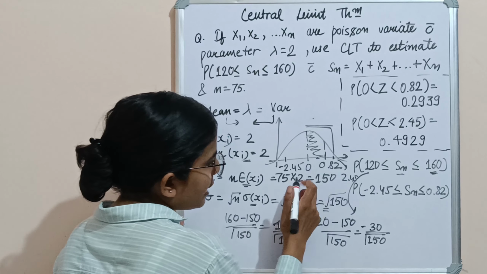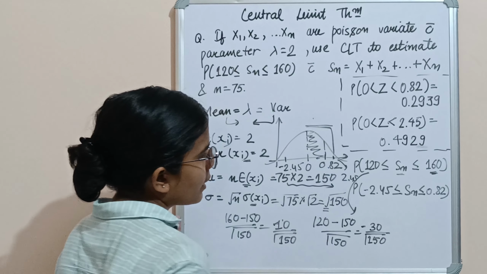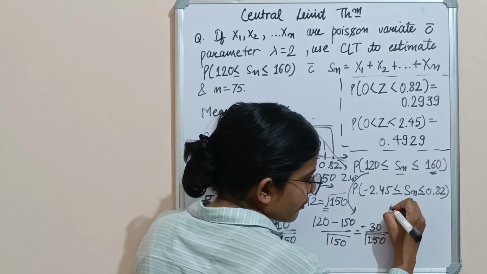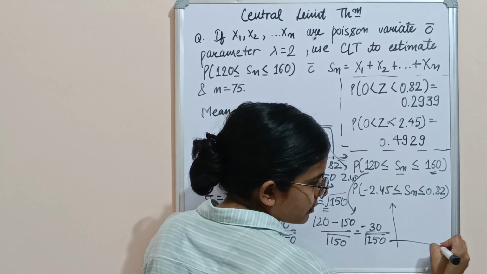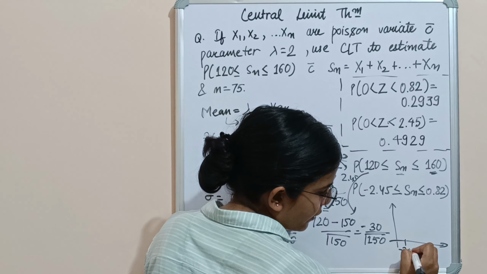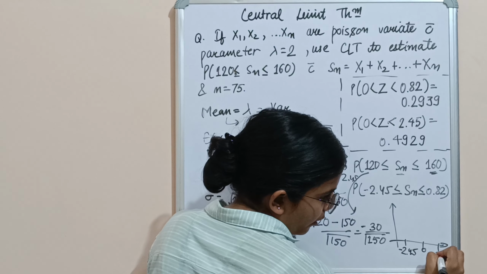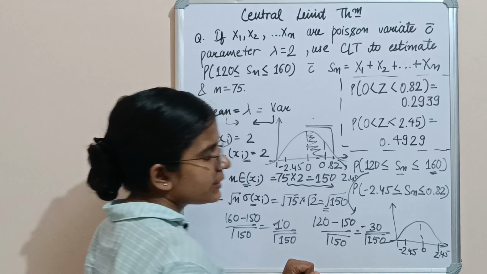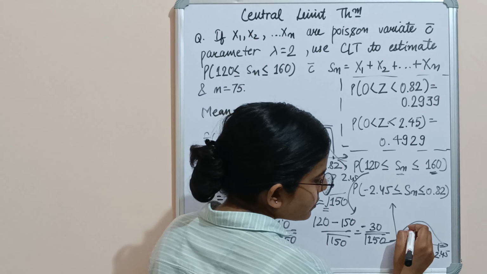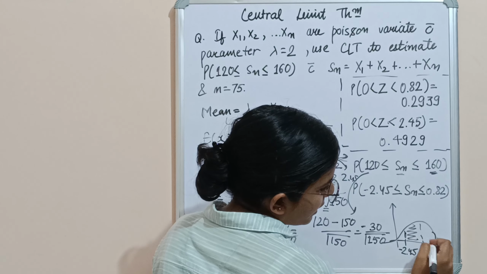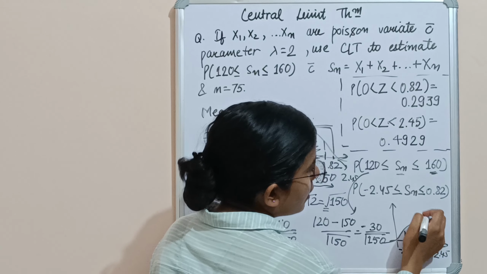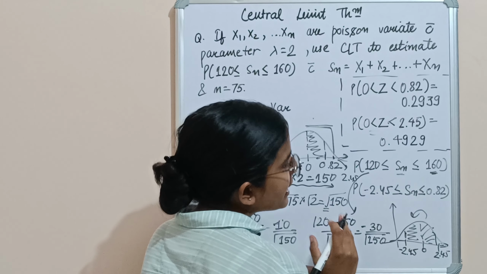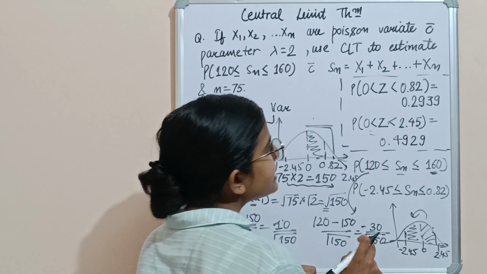Now we have to find the probability of this interval. If we draw this graph for plus and minus 2.45, here will be minus 2.45, 0, and 2.45. As we know, this graph is symmetric about 0, so this area will be equal to this area. So this probability will be equal to the probability of minus 2.45 less than z less than 0.